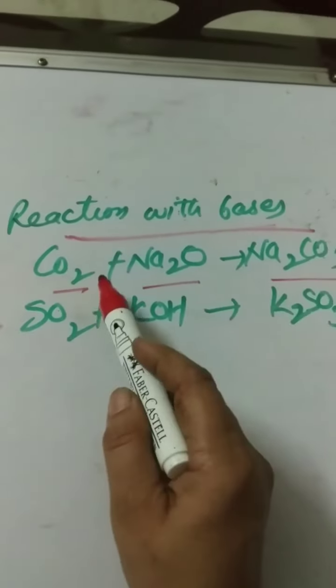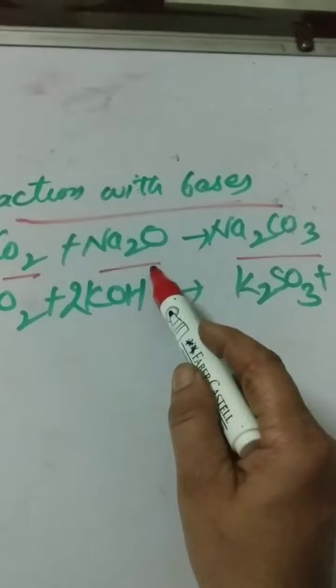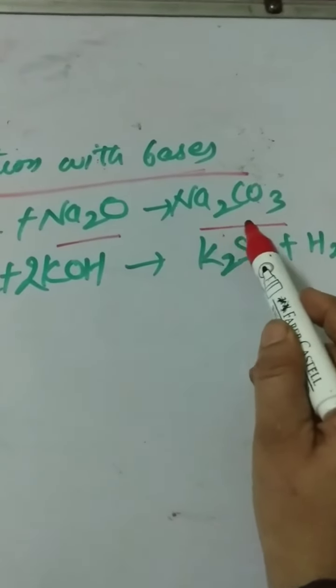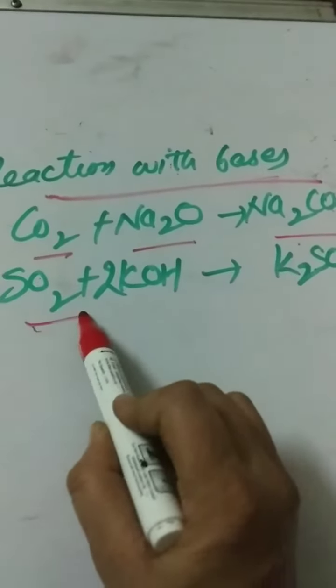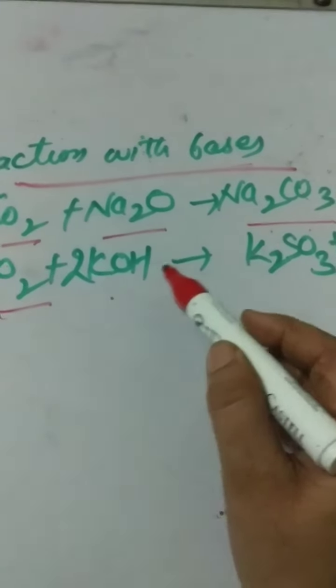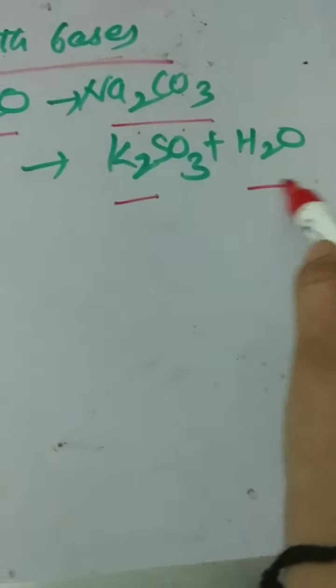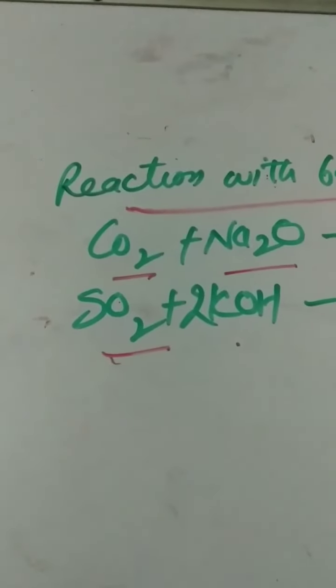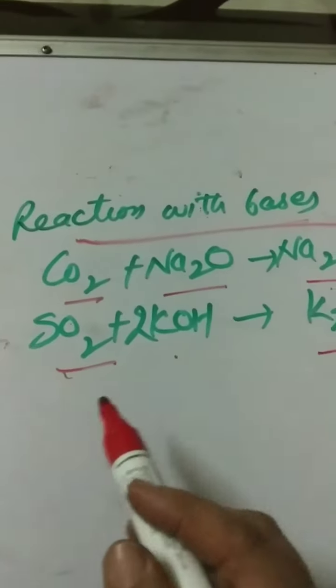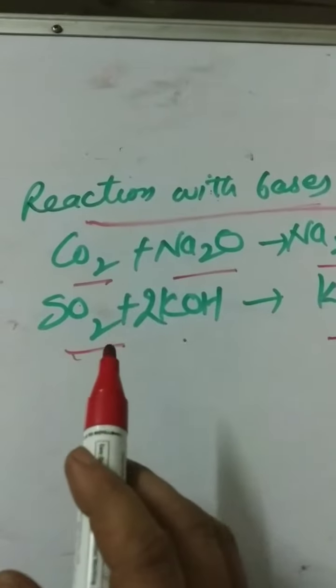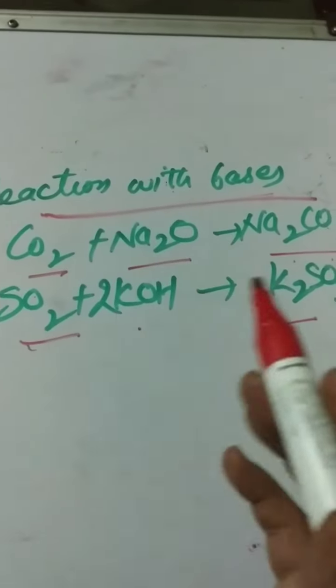Reaction with bases. Carbon dioxide when reacting with sodium oxide, what does it form? Sodium carbonate. And when sulfur dioxide reacts with potassium hydroxide, it forms potassium sulfite and water. First, we have discussed non-metal oxides that when reacting with water form acids.